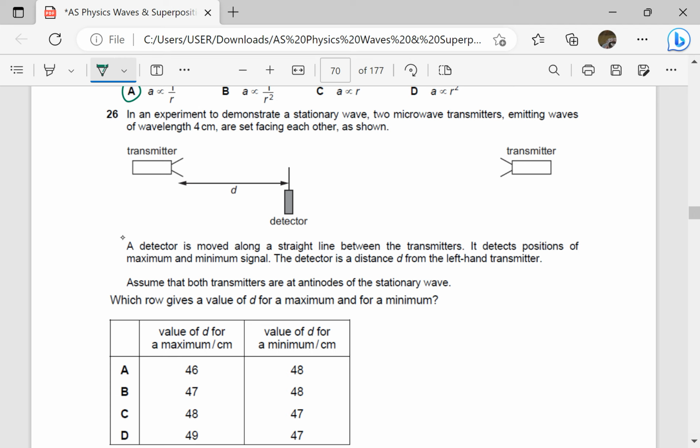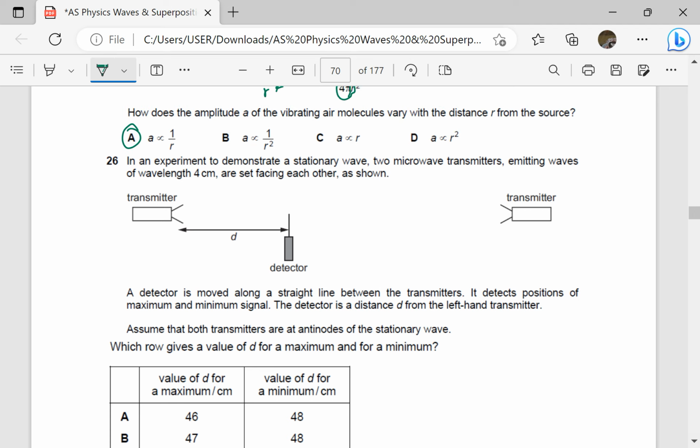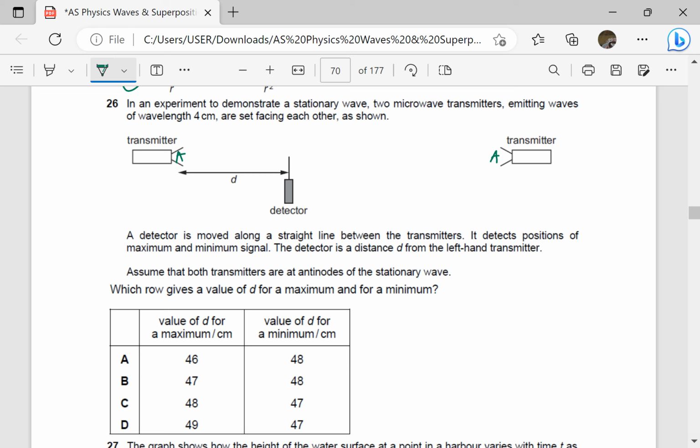So they said a detector is moved along a straight line between the transmitters. It detects positions of maximum and minimum signal. The detector is a distance d from the left-hand transmitter. Assume that both transmitters are at antinodes. So here there is an antinode and an antinode here. Which row gives a value of d for a maximum and for a minimum?